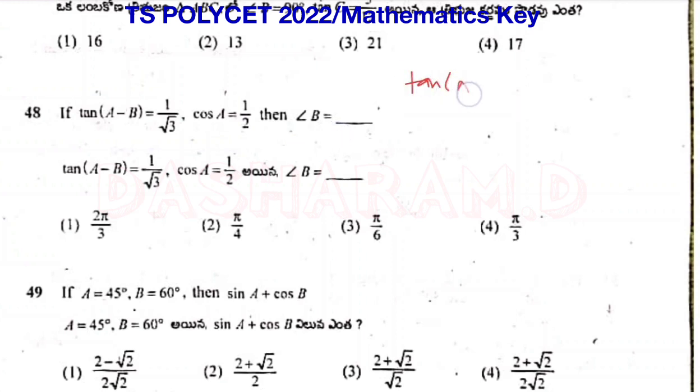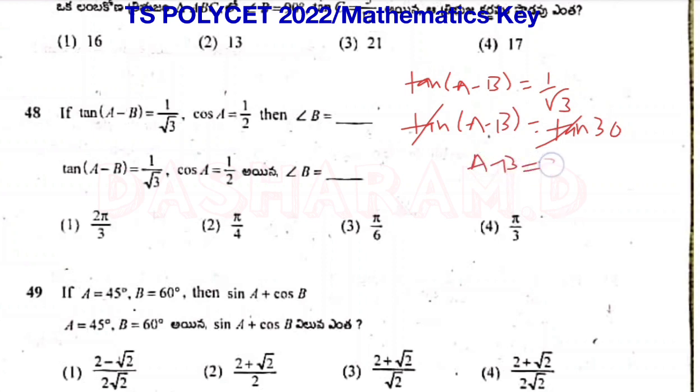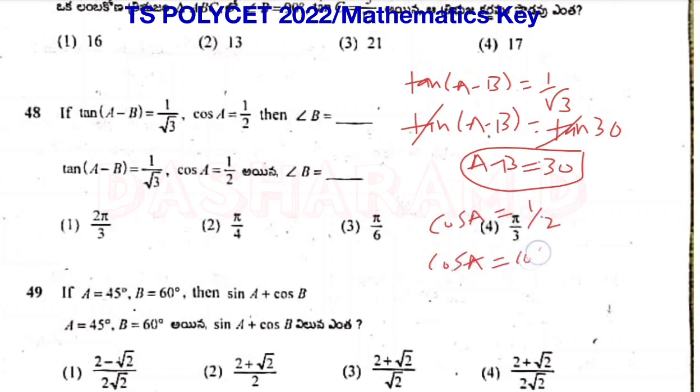See here, tan(A minus B) equals 1 by root 3, which means tan 30 degrees. Tan cancels, then A minus B equals 30. One more value is given: cos A equals 1 by 2, then cos A equals cos 60 degrees.